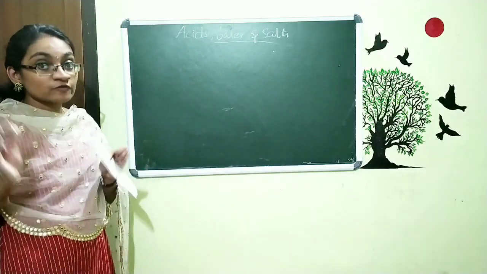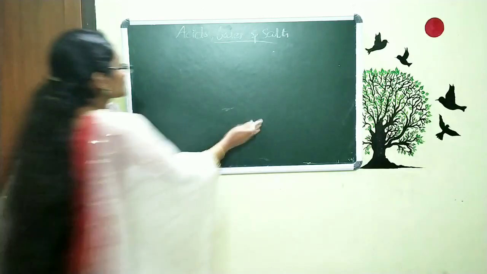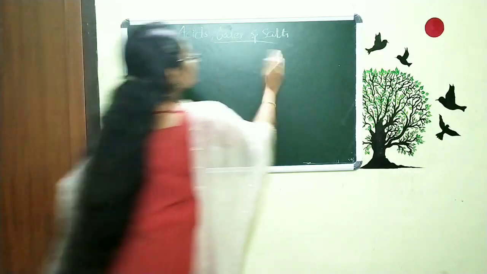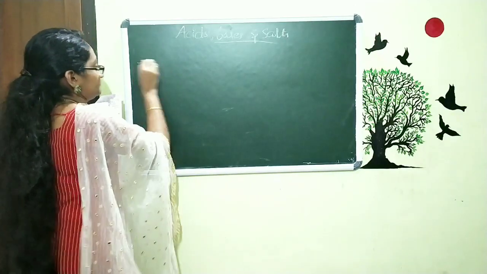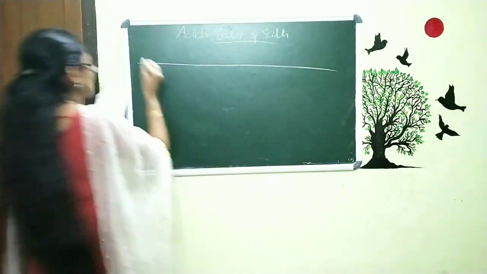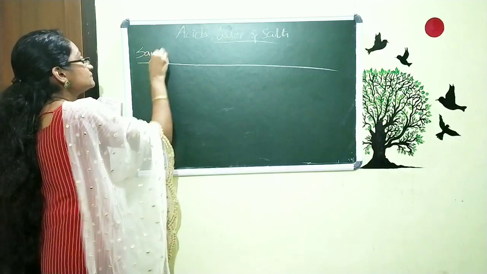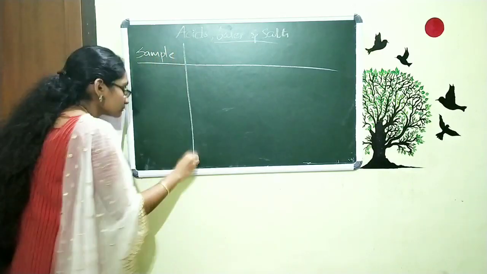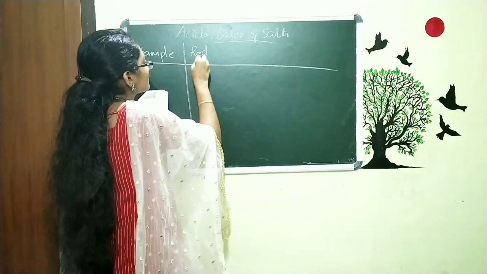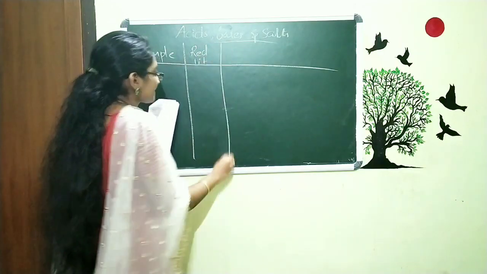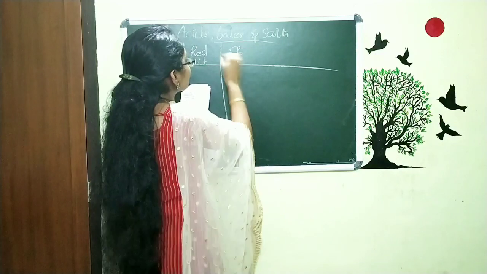This is one of the homework for you. So, I am just showing one example here. First column is sample. Red litmus. Blue litmus.